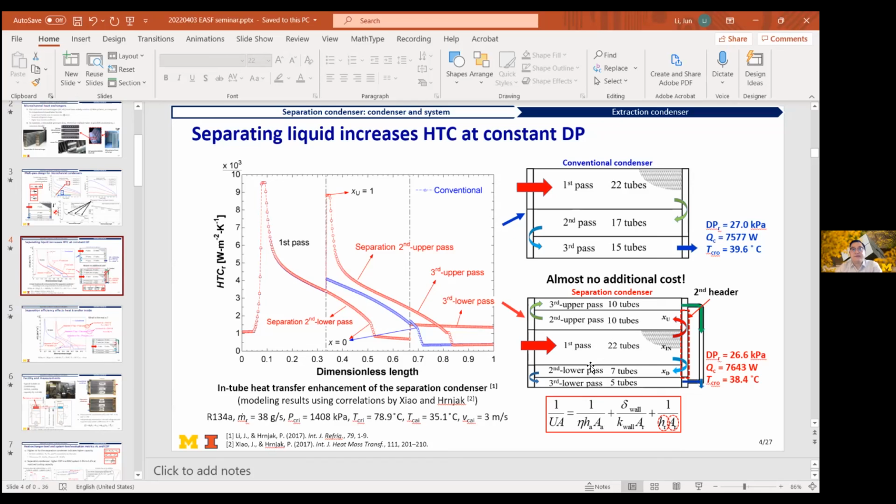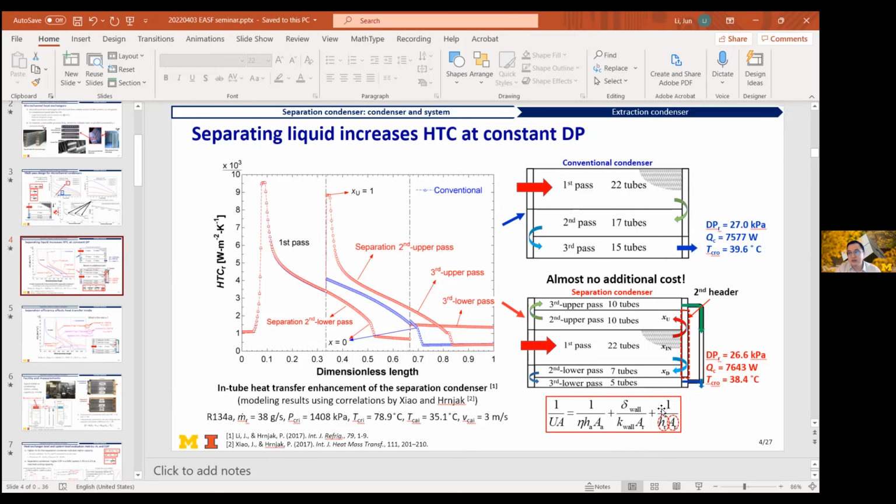But I can say that the air side normally has larger thermal resistance. This is essentially the equation for the different thermal resistances. So the air side has a larger thermal resistance compared with the refrigerant side. So the impact can be dramatic.